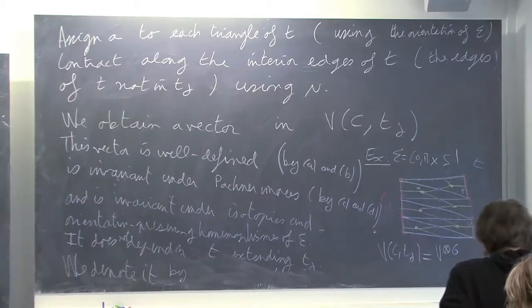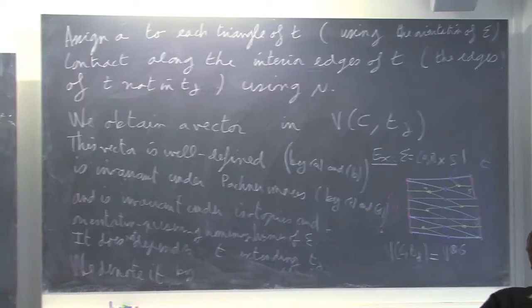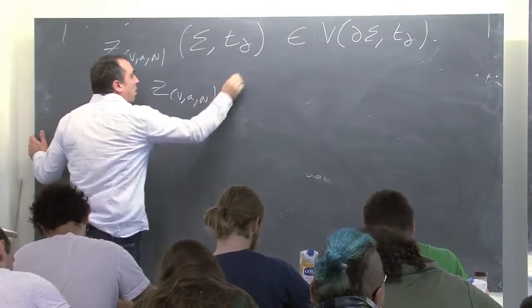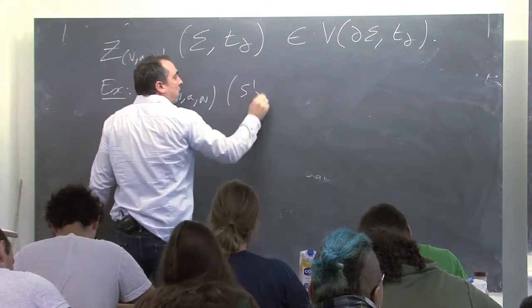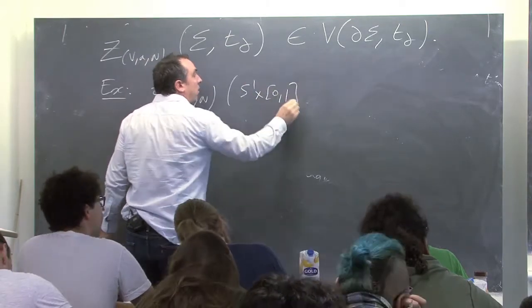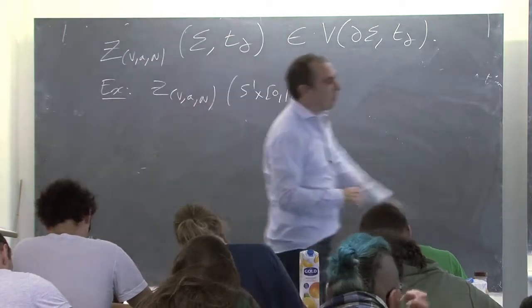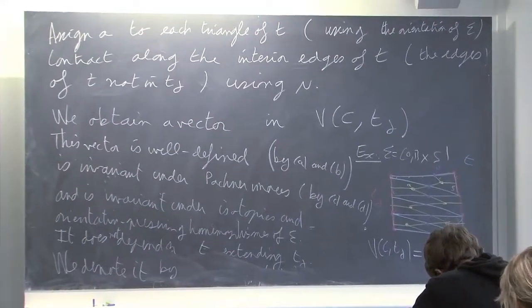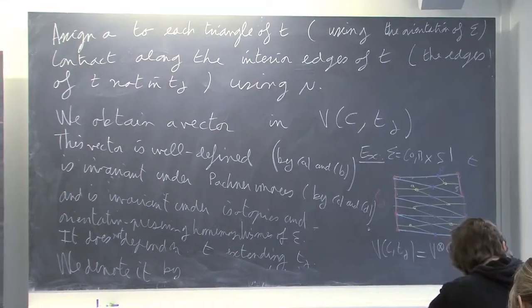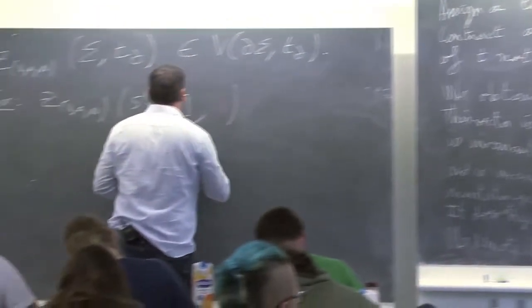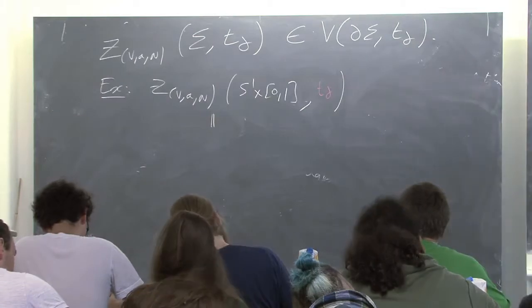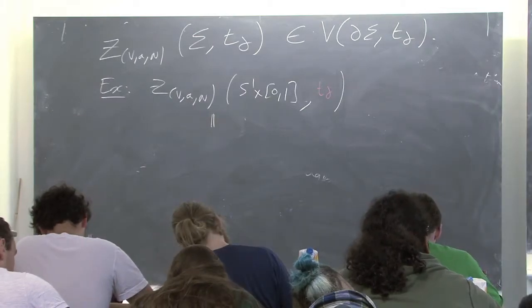And for example, if we compute V_{A,mu} of the cylinder with this T_delta, it is equal to what? So you can compute it.